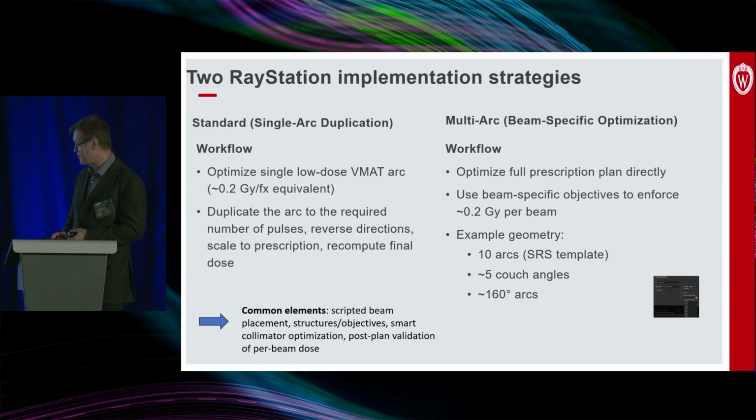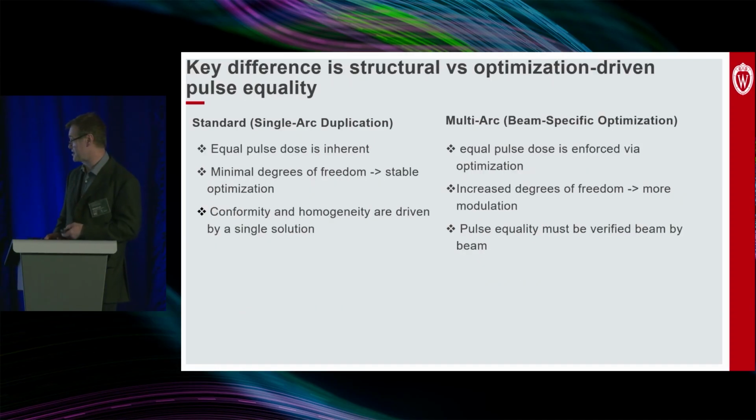And then a post-plan validation, again scripted per dose. All of the results that you'll be seeing are literally just running from input files and entirely scripted. So again, just to hammer home the point, in the standard plan each pulse is inherently the 0.2 gray over the entire target because the whole plan was optimized for that single arc.